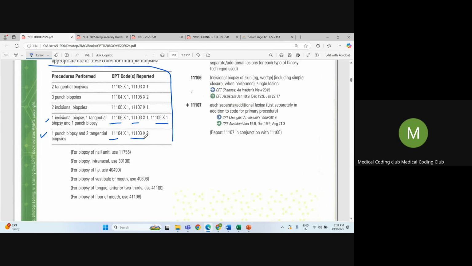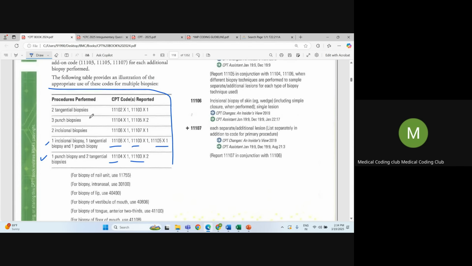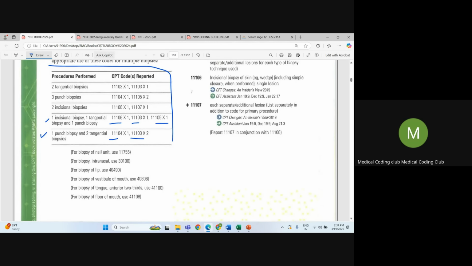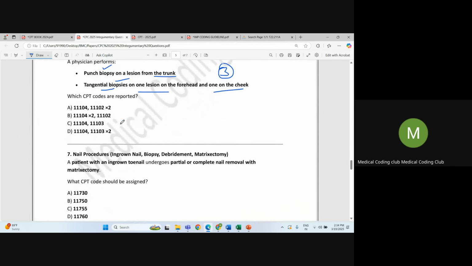I think in an old video I have explained this biopsy concept completely, please go back and check. The answer should be 11104 for the initial lesion biopsy, that is punch biopsy, and 11103 is the add-on code for tangential biopsy with units 2, because 2 lesions were performed utilizing tangential biopsy. Okay, answer is D.